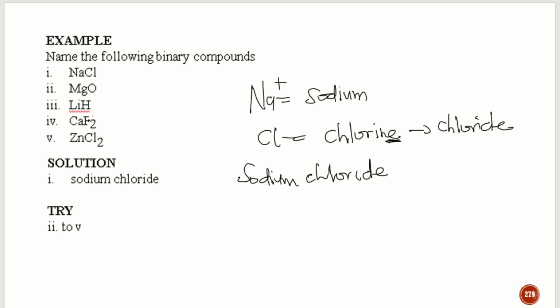But note, the names should be written in small letters. I don't know if this S looks like a capital letter to you. It should be in small letters. Sodium space chloride. If you do understand, try II to IV and leave your answer in the comment section.